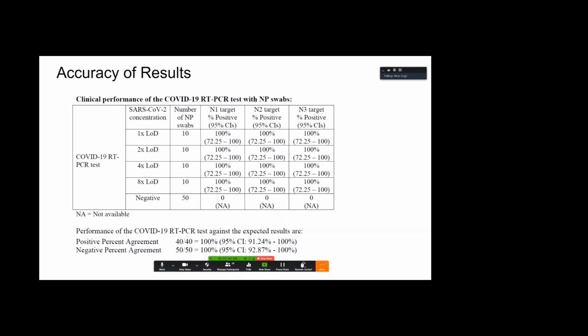And then this is LabCorp data, which I found very encouraging because they're trying to prove their test works. So they didn't do real swabs from people who might have the virus. Instead, they said, we'll make a mock mixture of, I'll call it snot from a healthy person, and we'll put virus in so we know exactly how much we put in. And so they did 1x limit of detection, 2x limit of detection, 4 and 8.